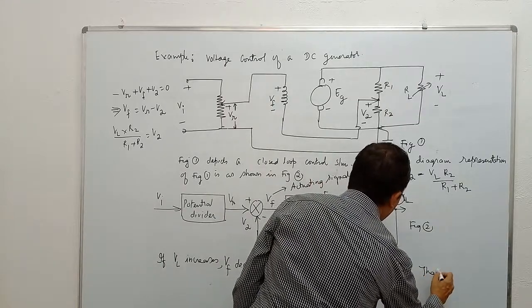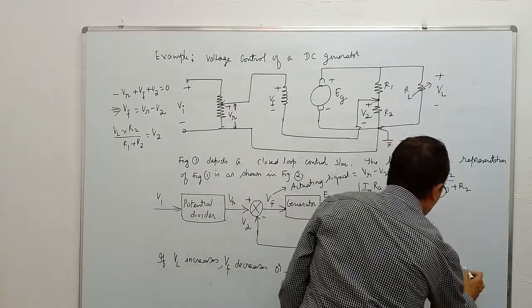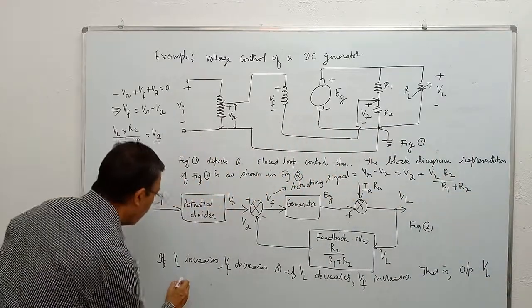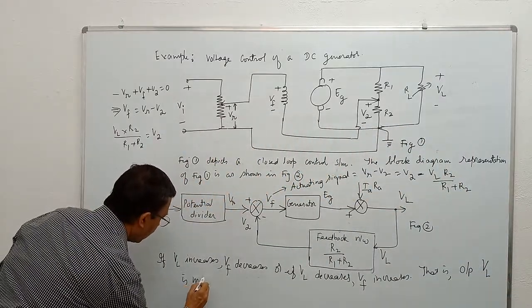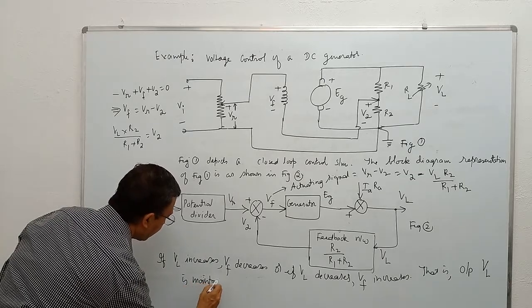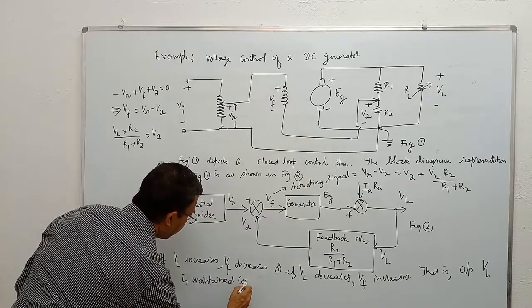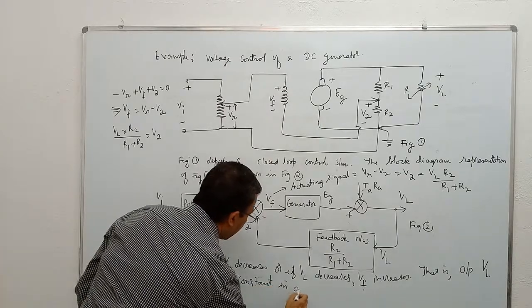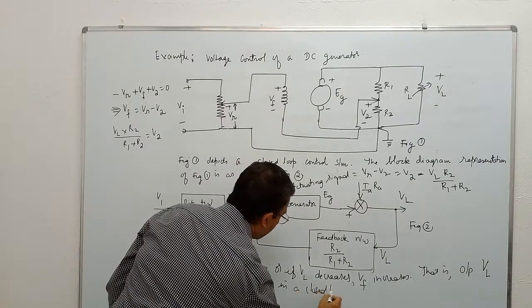That is, output VL is maintained constant in a closed loop system.